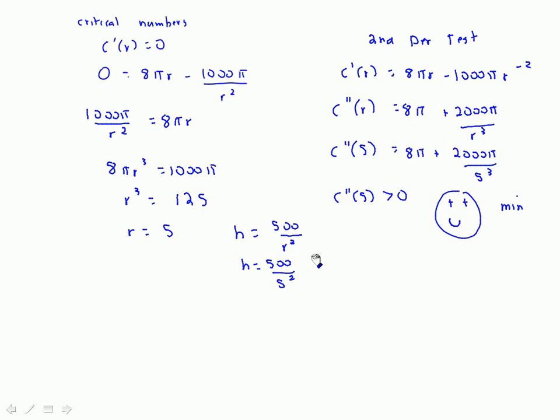So 500 divided by 25, probably shouldn't need a calculator for that one. H is 20. So therefore, the dimensions should be r equal to 5 centimeters and h equal to 20 centimeters.